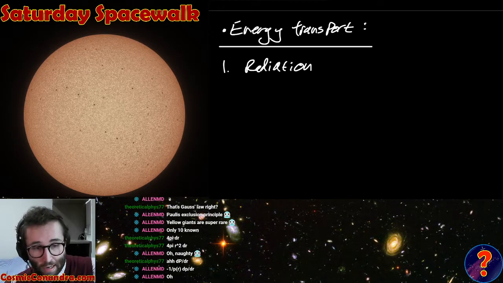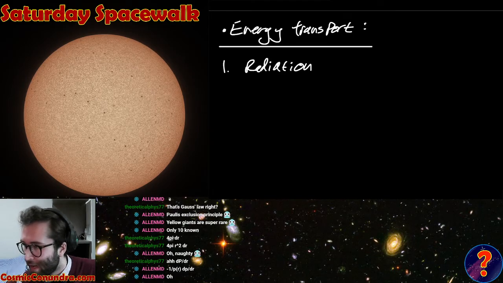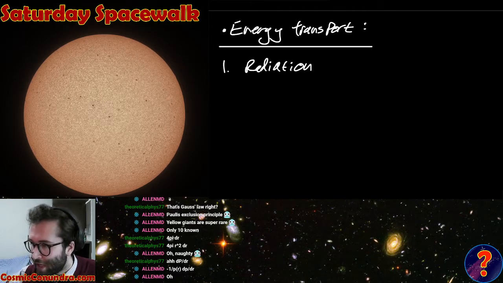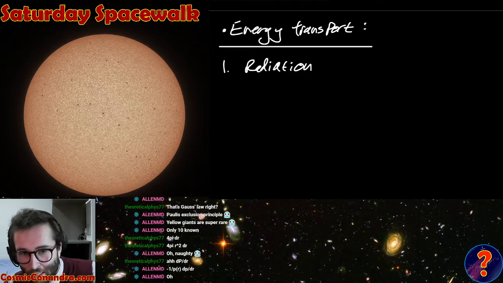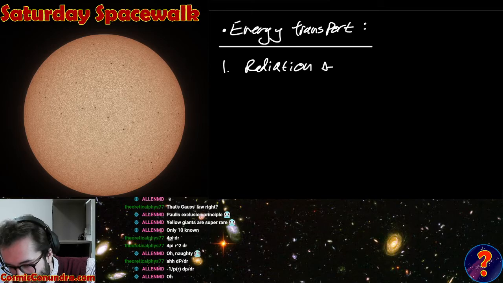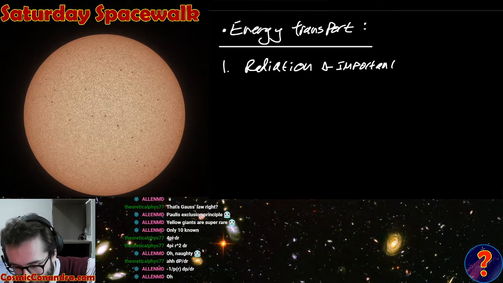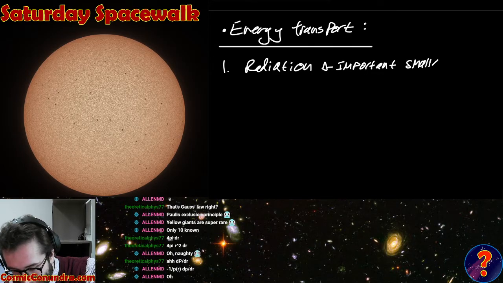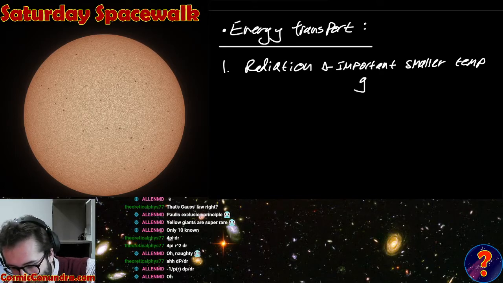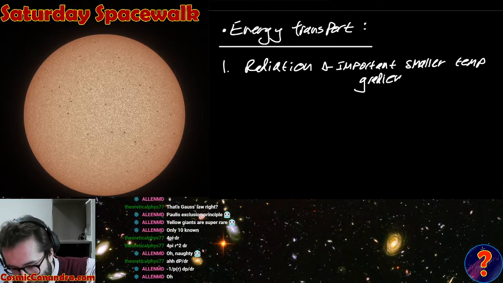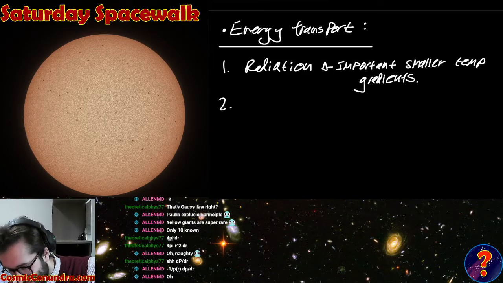This is, again, photons traveling out that are produced within the core and within the inner layers of the star, transporting energy out to the outer layers and eventually out of the entire star itself. So this is important when we have smaller temperature gradients. Well, smaller than what? Smaller than some particular value which is important for the second thing we'll write down.